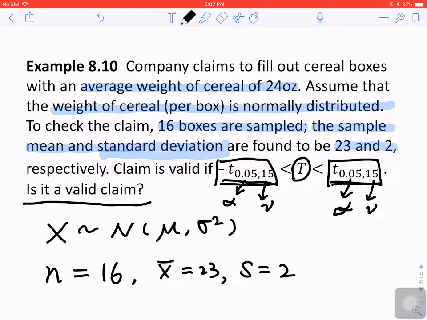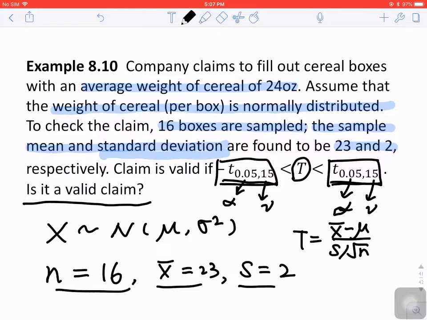Using this information, I can construct my t. Remember, we use this formula very often. x bar is 23, minus mu is 24, because we know the true average weight is 24, divided by 2 over the square root of 16.